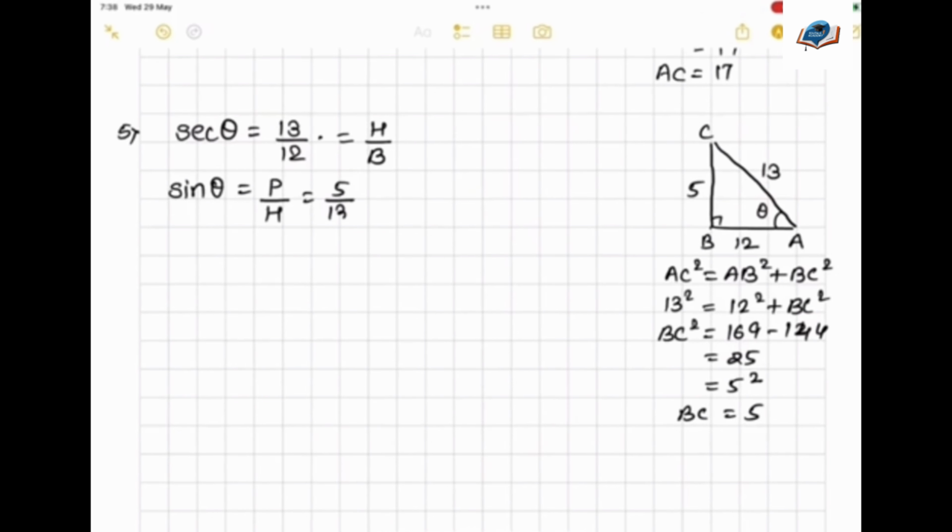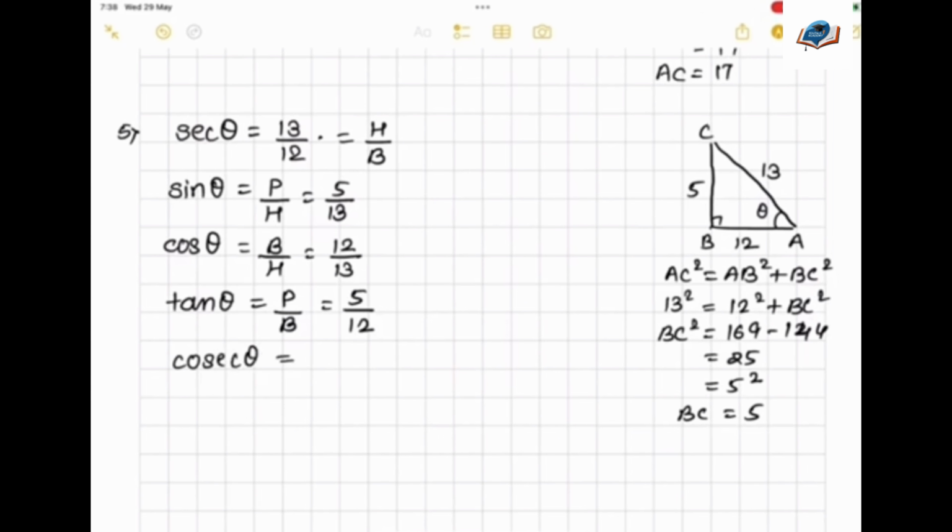Now sin theta will be equal to perpendicular upon hypotenuse, so that will be 5 upon 13. Cos theta will be base upon hypotenuse, so that will be 12 upon 13. Tan theta is perpendicular upon base, so that will be 5 upon 12.